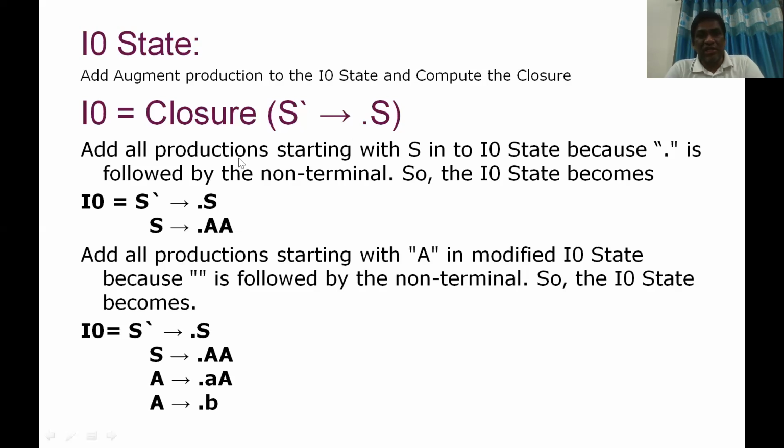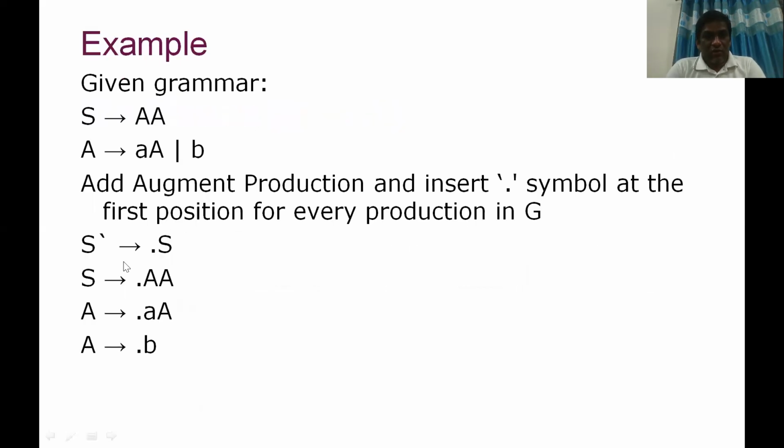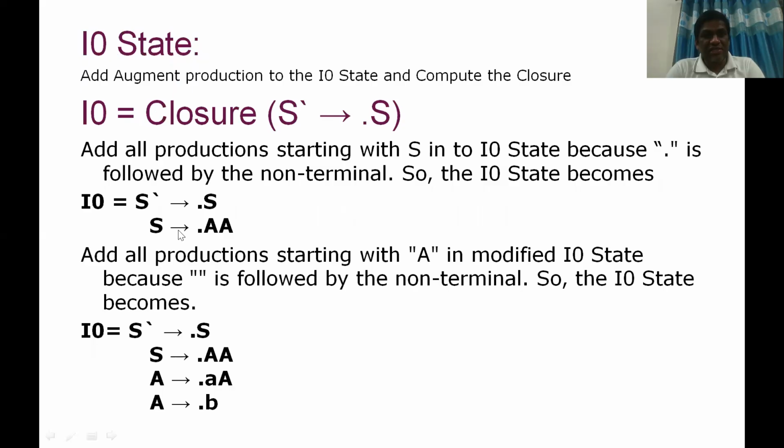So initially it is S' implies dot S because we have a variable capital S after this dot. We add all the productions of capital S. What are the productions of capital S? We have one production, S implies dot A. So we add it.